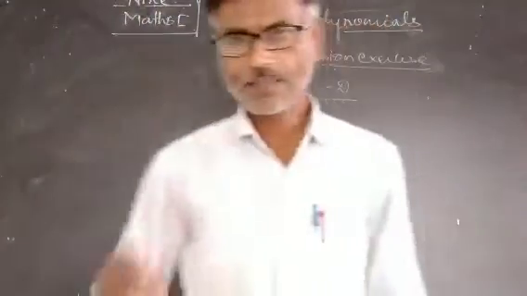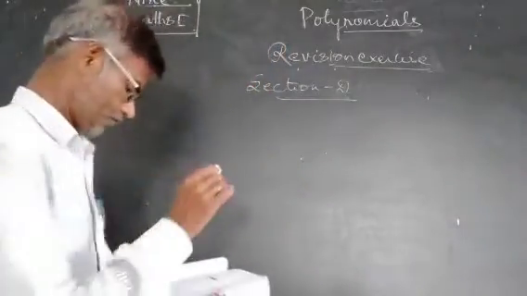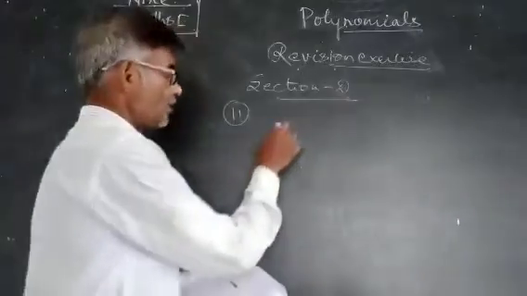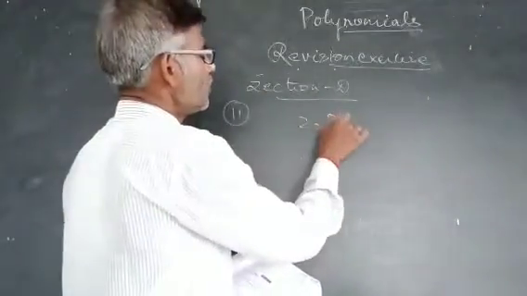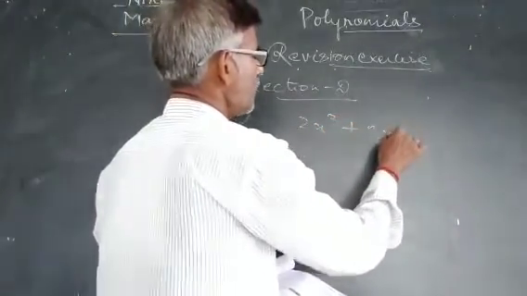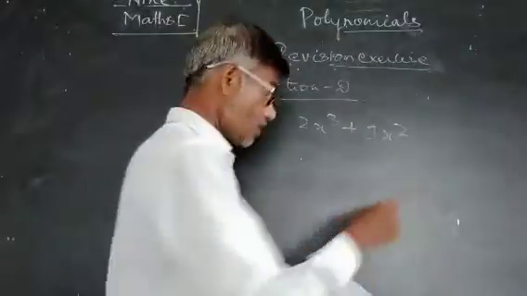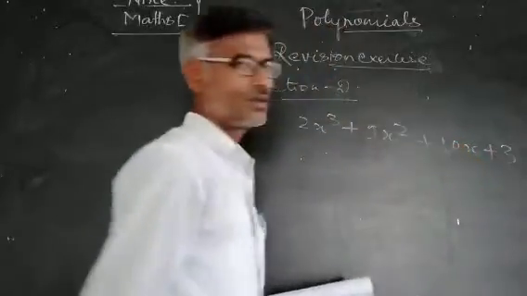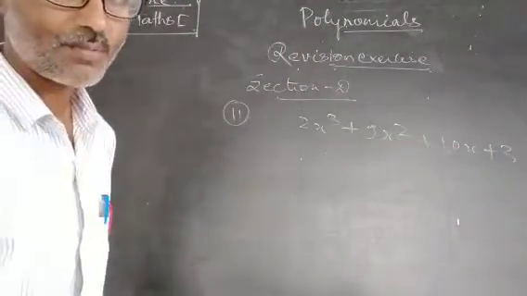Okay, the polynomial is 2x cubed plus 9x squared plus 10x plus 3. We have to factorize this polynomial.